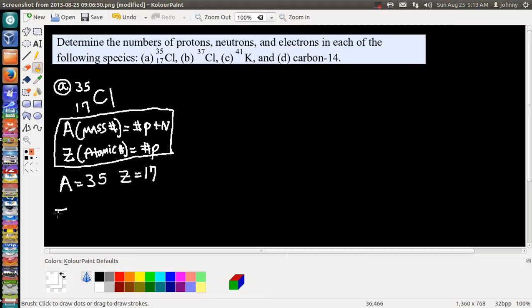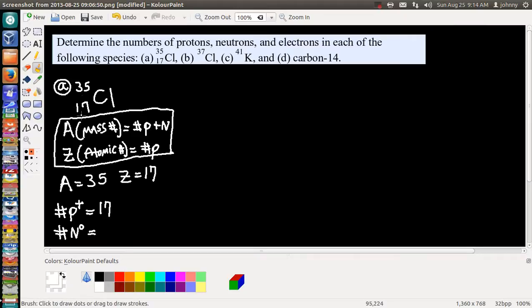We know that the number of protons, which I'll put a plus here for protons, is equal to 17. And the reason I know that is because basically Z is equal to the number of protons. Now to get the number of neutrons, and I'll write it like this, an N with a little 0 for neutral, all I will do is take this 35 and subtract 17.